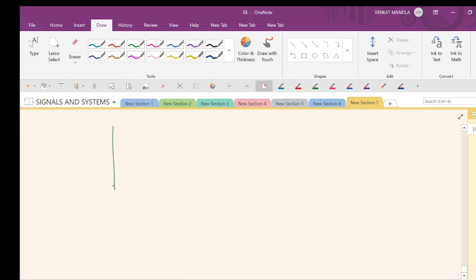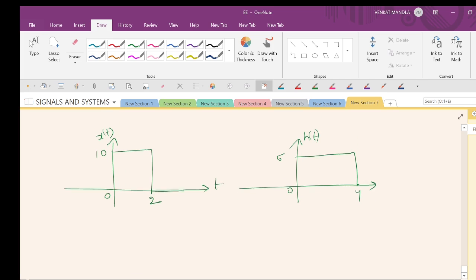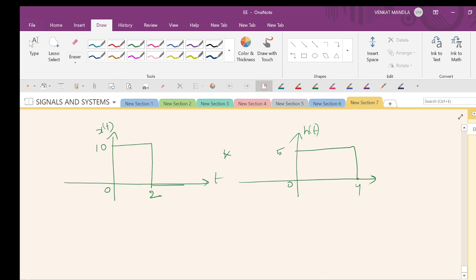Let us say this is xt, right? 0 to 2 is xt, with amplitude 10. This is ht, 0 to 4 is 5. So if you want to find xt convolution with ht, so yt equal to xt convolution with ht, right?